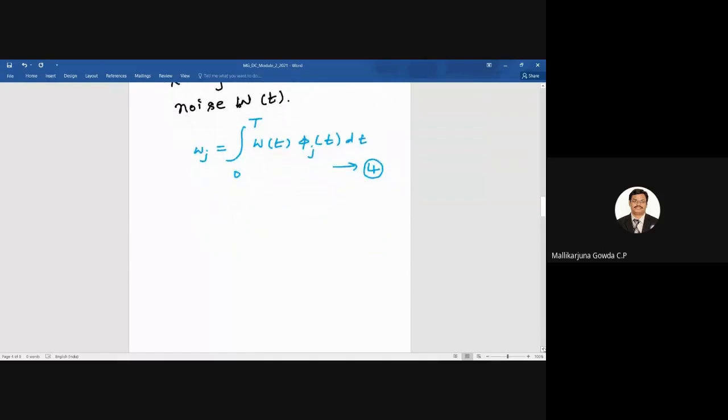Now let me continue with this recap. This topic is slightly based on random processes, so you should have a little understanding of probability theory also. That idea should be there in your mind, only then certain things will be clear.